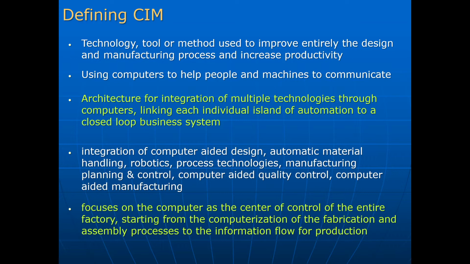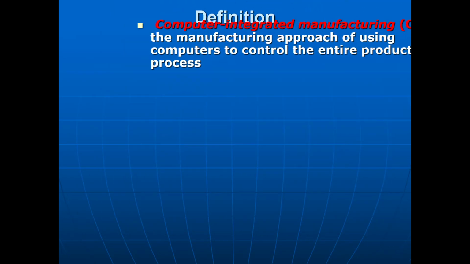It integrates computer-aided design, automatic material handling, robotic process technology, manufacturing planning and control, computer-aided quality control and computer-aided manufacturing, and focuses on the computer as the center of control of the entire factory, from the computerization of fabrication and assembly processes to the information flow for production. Okay, that is the definition of CIM.